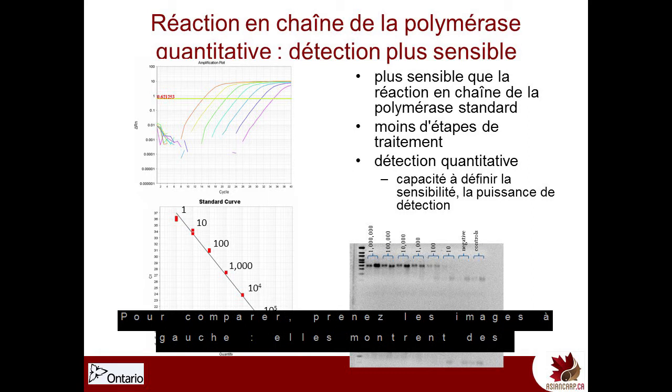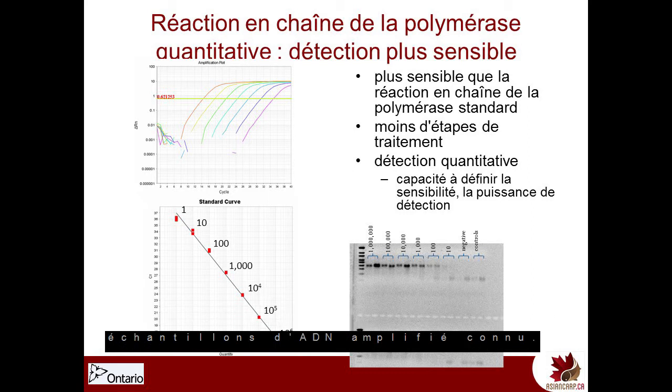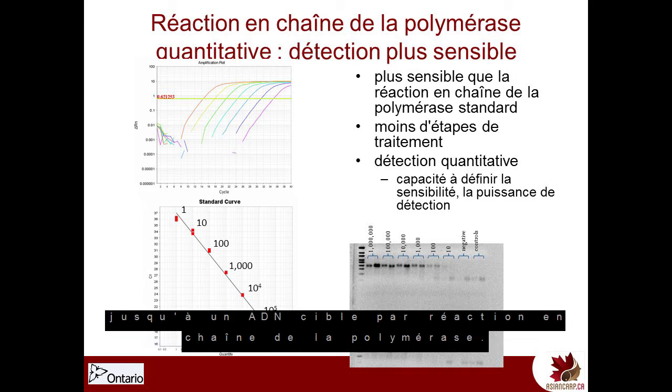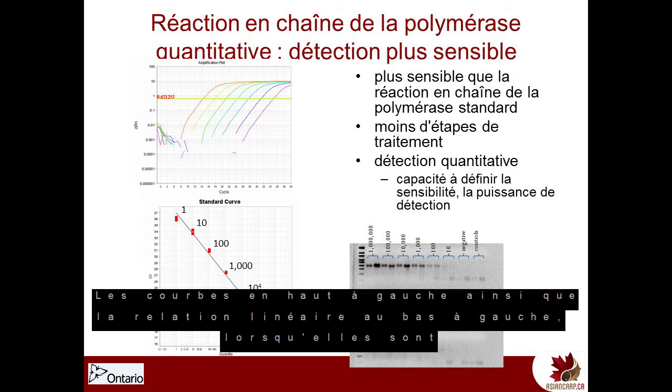Just for comparison, the images on the left show amplifying known DNA samples. These are our positive controls at concentrations from 1 million down to 1 target copy per PCR reaction. So that's the curves on the top left as well as the linear relationship on the bottom left.